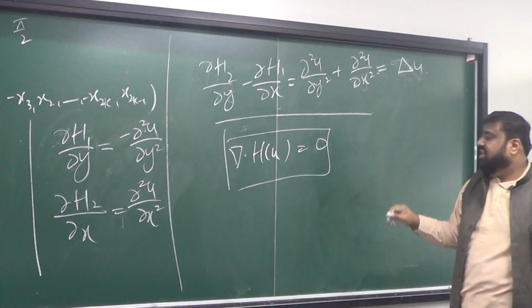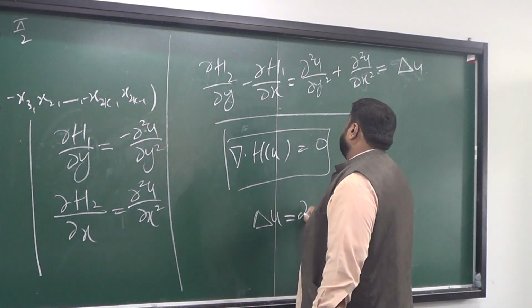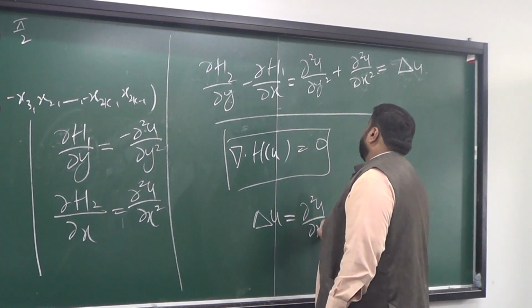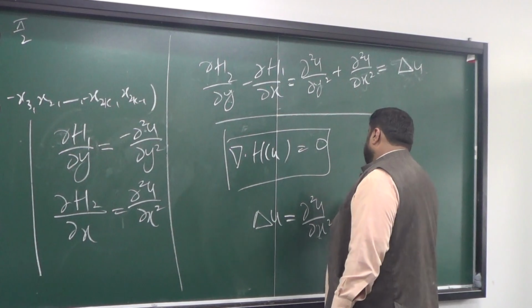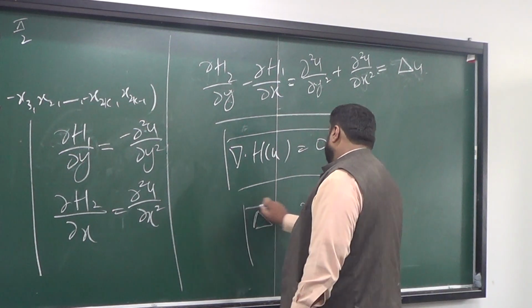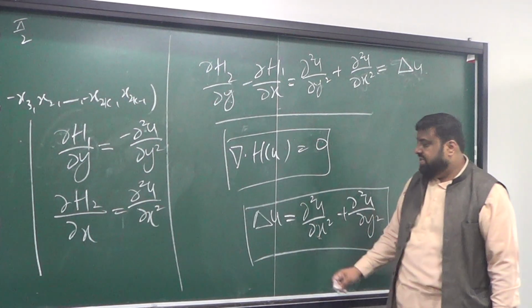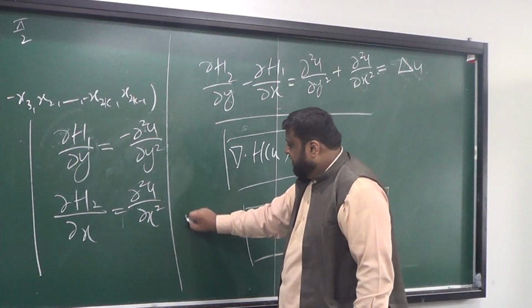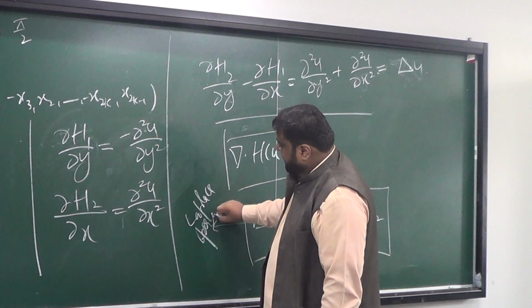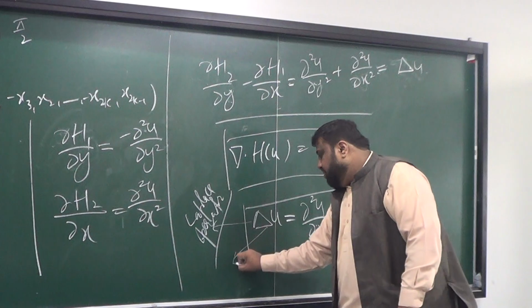And this is called a Laplace operator: partial 2u by partial x2 and partial 2u by partial y2. This is called the Laplace operator.